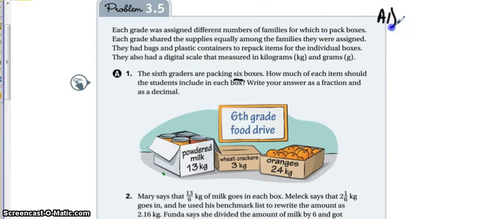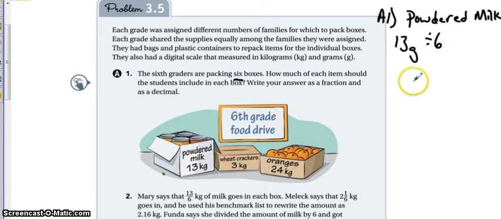If we start A1 and we look at powdered milk, right here we have 13 grams of powdered milk. Well, how would I divide that evenly into 6 equal groups? Well, I simply would divide it by 6. In order to do that, we take 13 divided by 6, and that equals 2, and we have 1 left over.